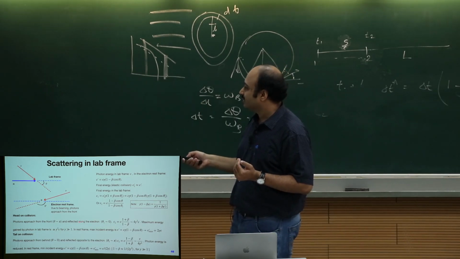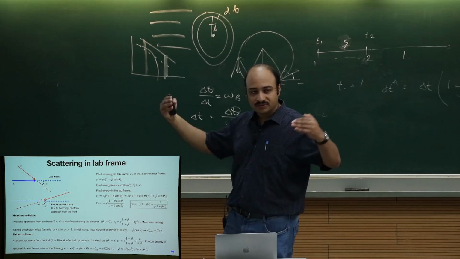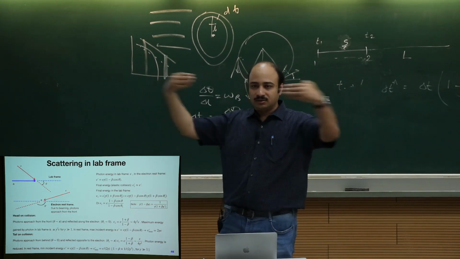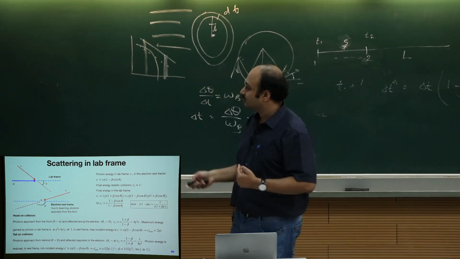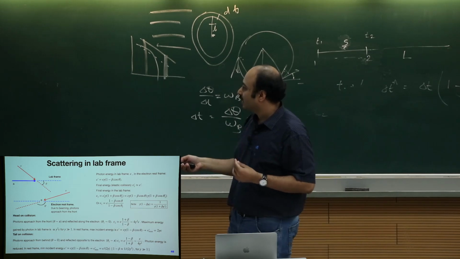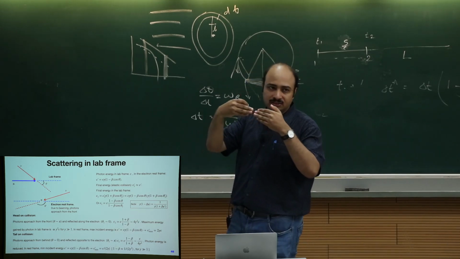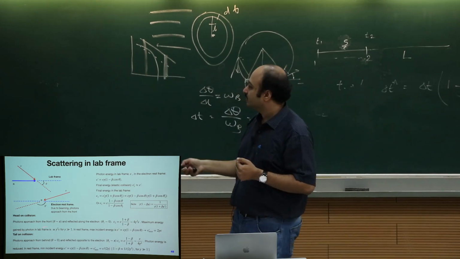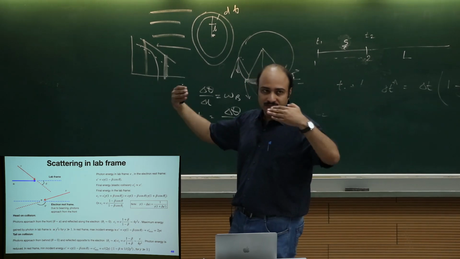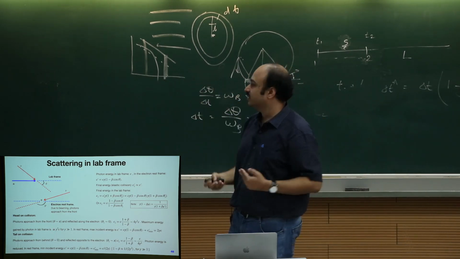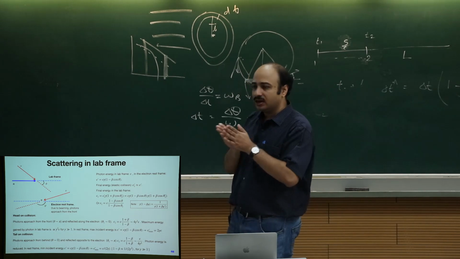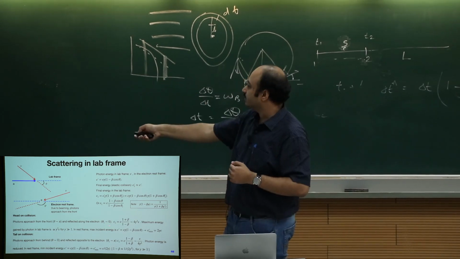Interesting implications here. One is the head-on collision. So photon and electron are colliding directly head-on. And after the collision, the photon is reflected along with the electron. So theta equals pi. The initial theta is pi because they're oppositely directed. And after the collision, they are moving along the same direction. So theta is 0.